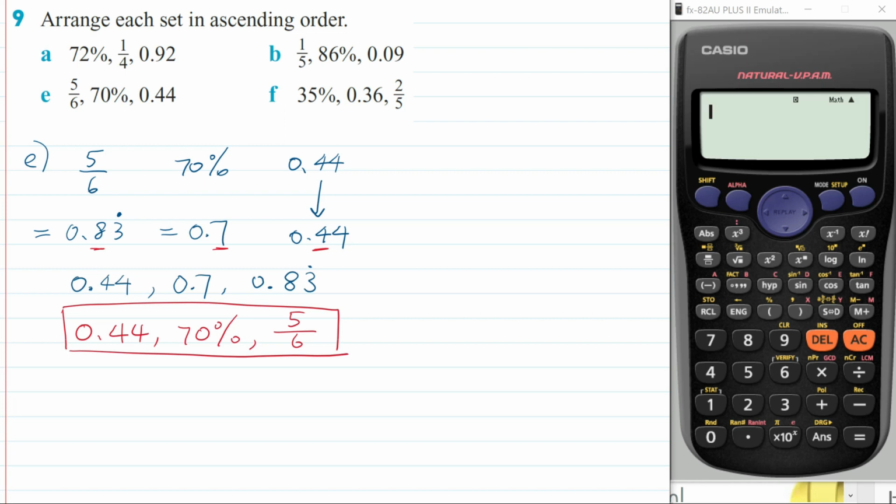Let's try another one. Question F. In question F, we have 35%, 0.36, 2 over 5.